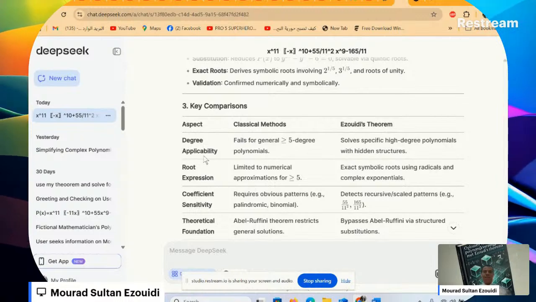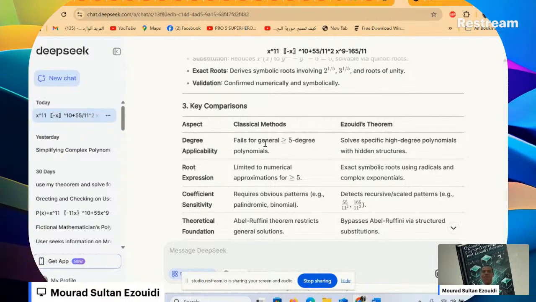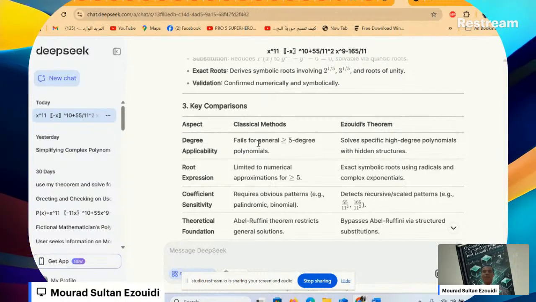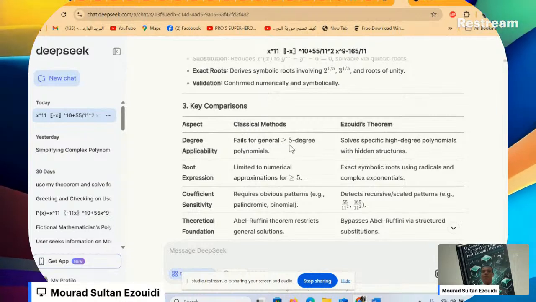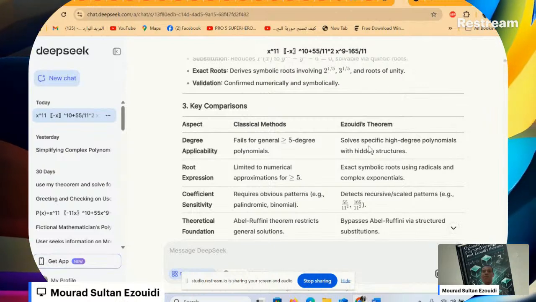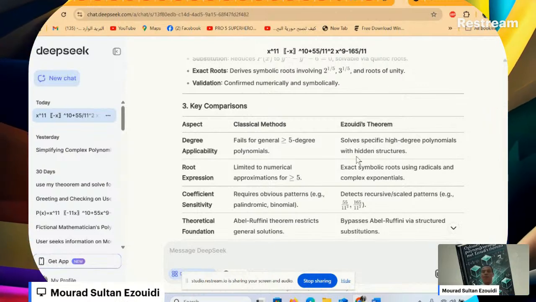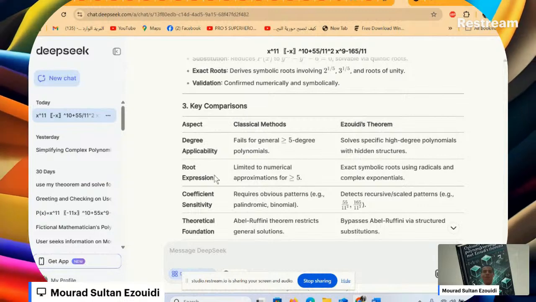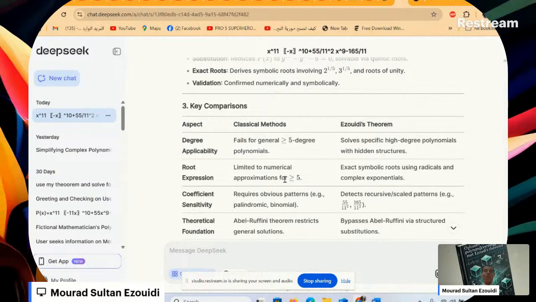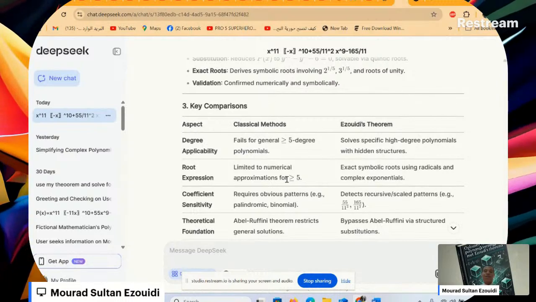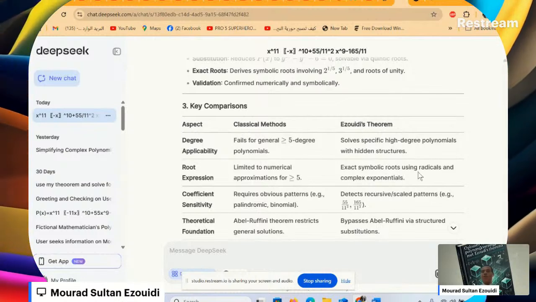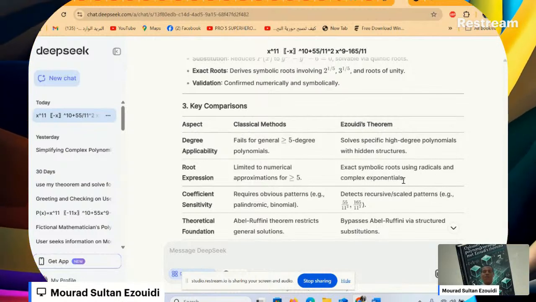Degree applicability: the classical method fails for general degrees more than 5, meaning it fails for equations of degree more than 5. The theorem really solves specific high-degree equations with hidden structures. For roots, the classical expression is limited to numerical approximation or fifth degree, while the Ezouidi theorem gives exact symbolic roots using radicals and complex expressions.